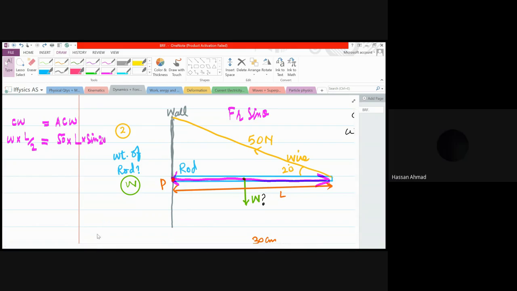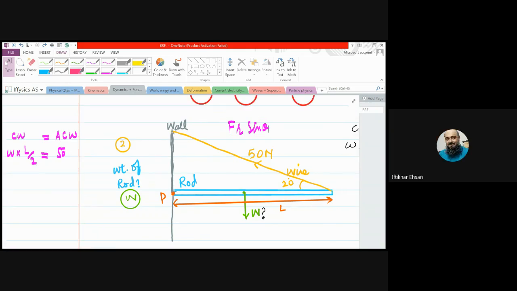Can I remove it? Yes, sir. Yes, you can remove it. Okay. Okay, beta ji.